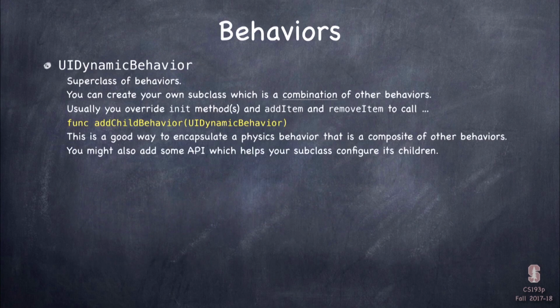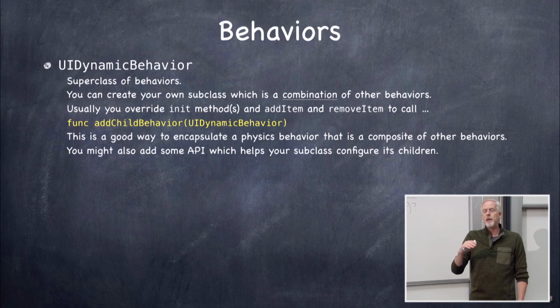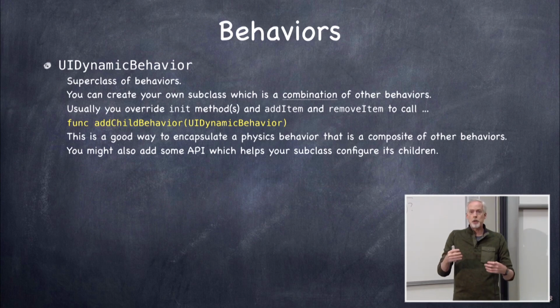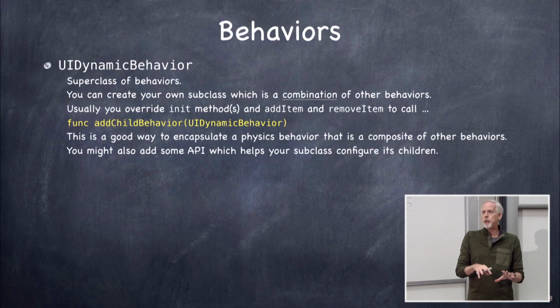Then there's UI dynamic behavior, which is the superclass of all of these behaviors, collision behavior, gravity behavior, all these things. Now, you could subclass this and try and write your own behavior, but writing a gravity behavior is pretty hard. A lot of math involved there. But that's not why you use a subclass of UI dynamic behavior.